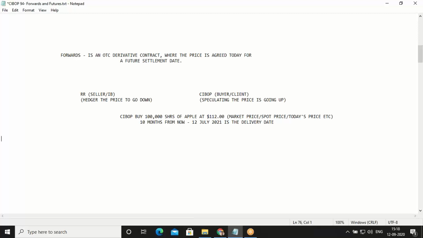Now let's understand the next aspect to this. Let me add a few other things here. One thing more, sir. On 12th July 2021, if the price of one Apple share goes down, like it's 100, it will be a loss to the seller. Yeah.